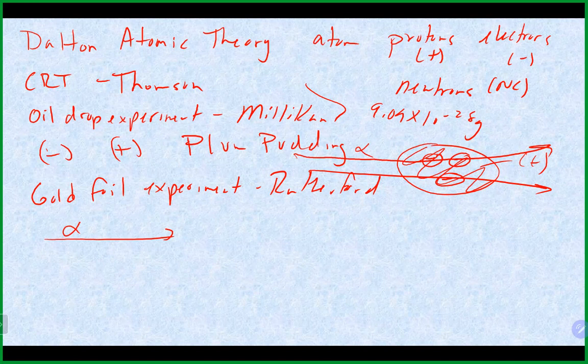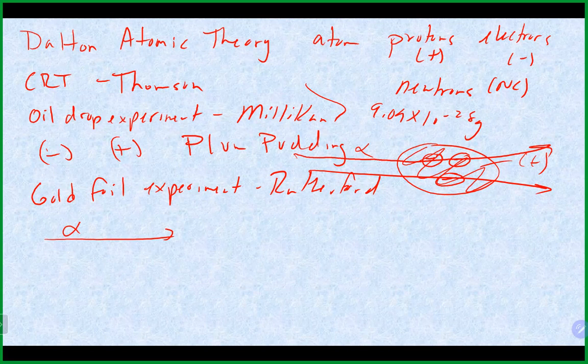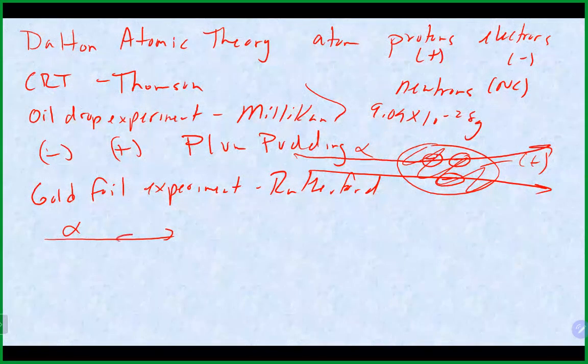So they anticipated that when they shot these alpha particles at the atom, most of them would go through, with some deflection because it's positive on positive, but it is moving relatively quickly. What they actually saw was surprising to them. Most of them shot through with no problem. But every so often some alpha particles were scattered at really large angles.